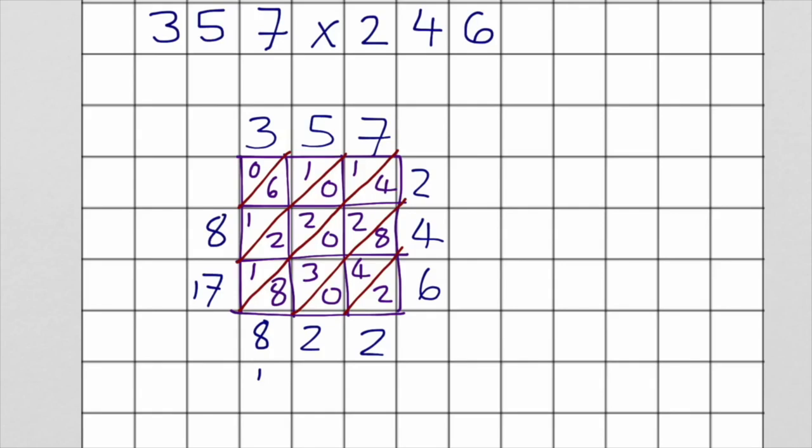That's 8, and that's 0. And then whenever we finish, we have to work that way to get our answer. 87822. 87,822.